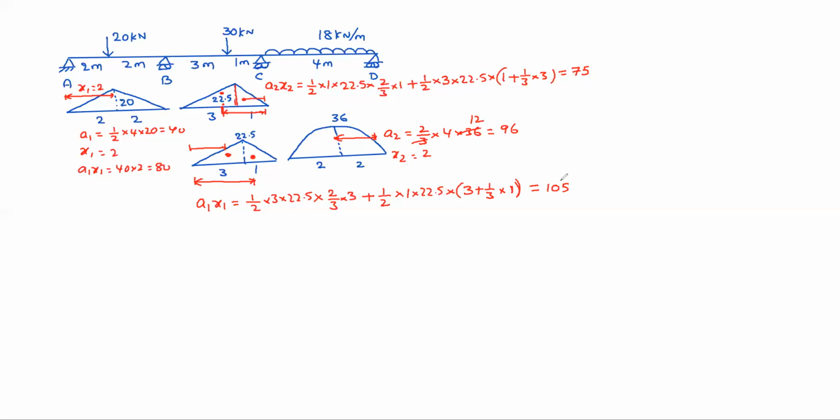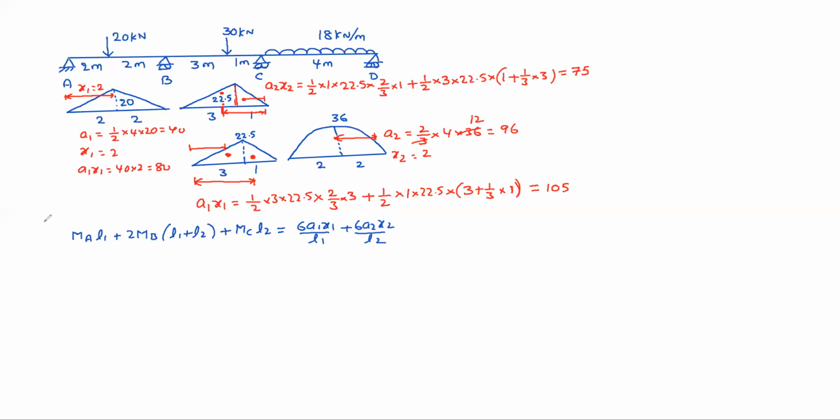Now, equations are like this. MA L1 plus 2MB (L1 plus L2) plus MC L2 equals 6 A1 x1 by L1 plus 6 A2 x2 by L2, for this AB and BC span, first.